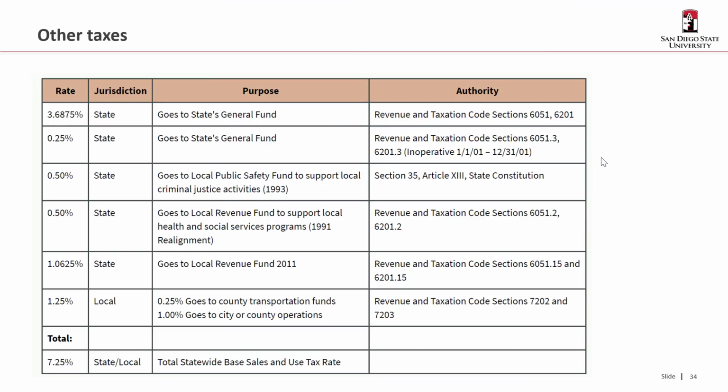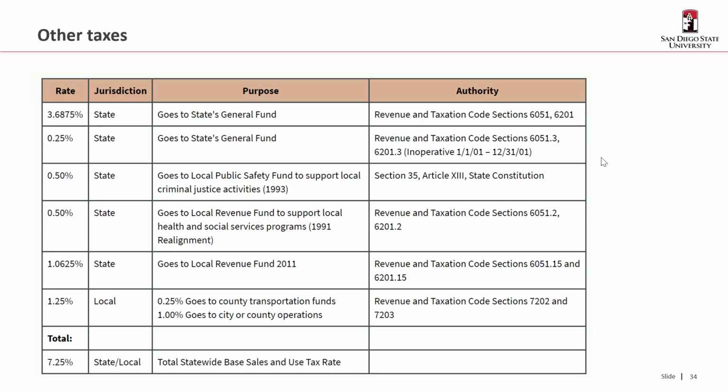So when you think about what is the breakdown of our sales tax, 3.6875 goes to the state's general fund, and that's very old. And then there was an additional section that was passed for an additional 0.25% for the general fund. There's a 0.5% that goes to local public safety funds. There's another 0.5% that goes to local revenue funds to support local health and social services programs.